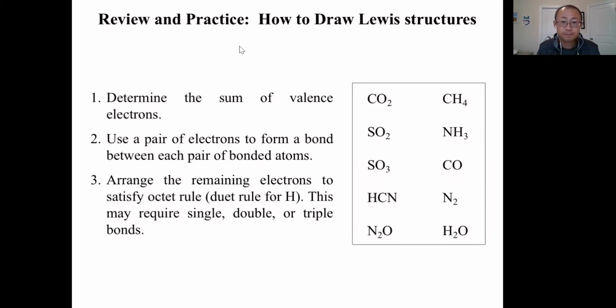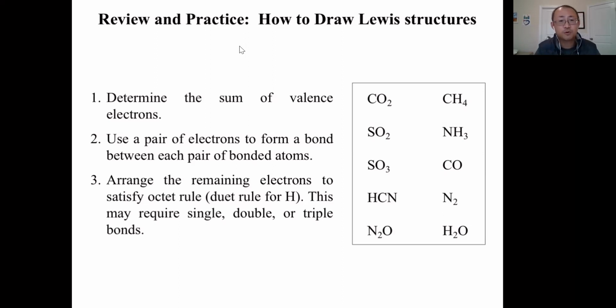Okay, again, I put these 3 or maybe 4 steps and also molecules here for you to practice with. There are molecules in the box, you can practice with them and feel free to ask questions. These are the steps.